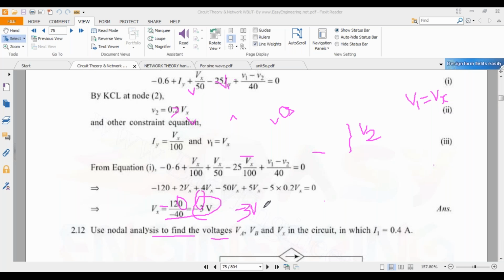Do you understand this one or this problem? Respond anybody? Do you understand this one? Sir.